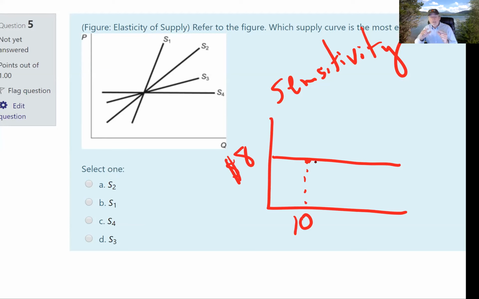But they are so sensitive to a price change that any tiny increase in the price, a minuscule increase, would motivate them to produce more. So essentially, at this $8 price, producers are willing to produce any quantity that consumers want to buy. Producers are very sensitive.